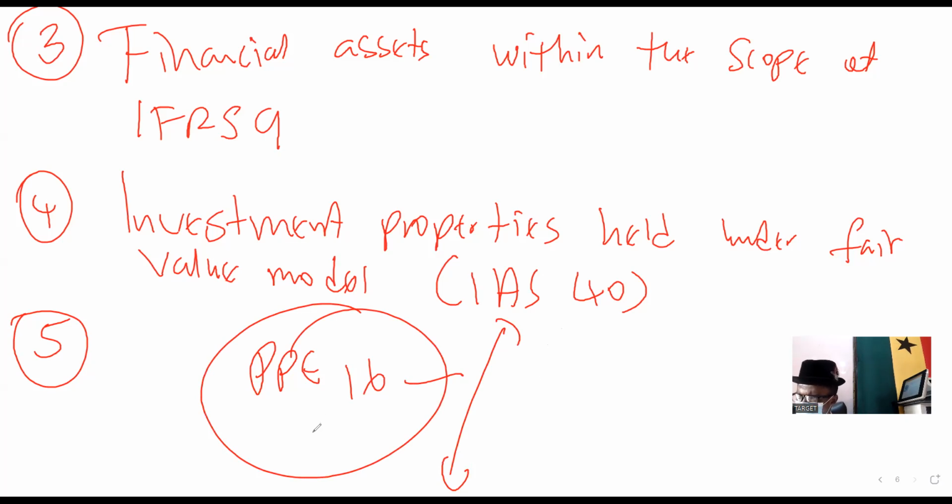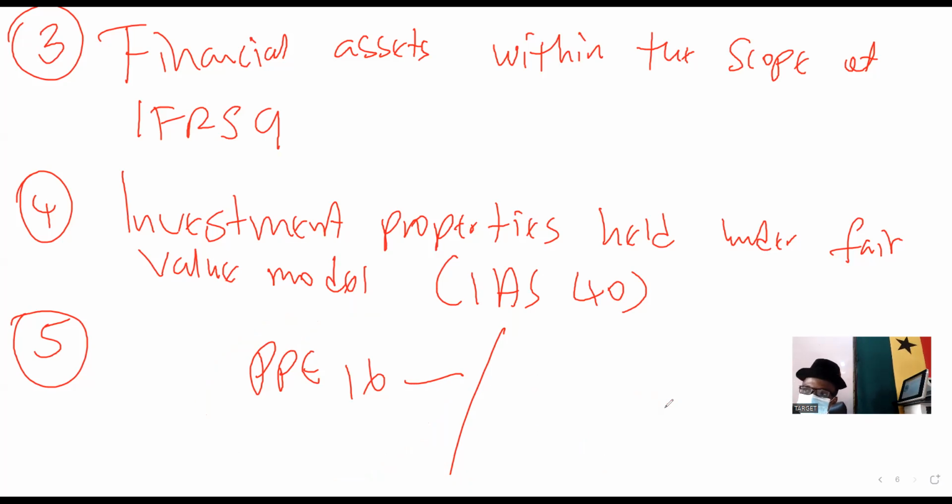PPE will be there, and then you see investment property will be in, inventory will be in, receivable will be in, financial instruments, even if it's a disposal group, you see all the rest of the assets within that group. Not all of them will be measured under what? The IFRS 5. Let's take notice of that.